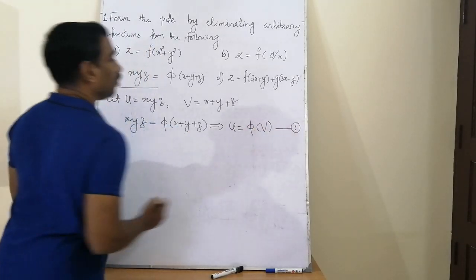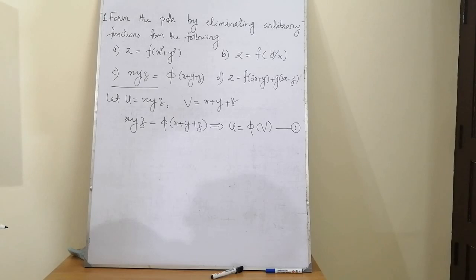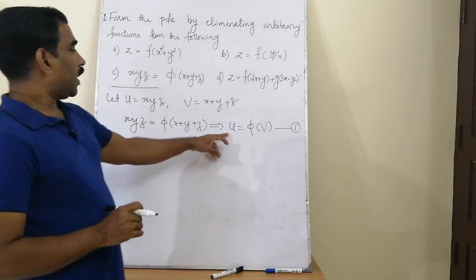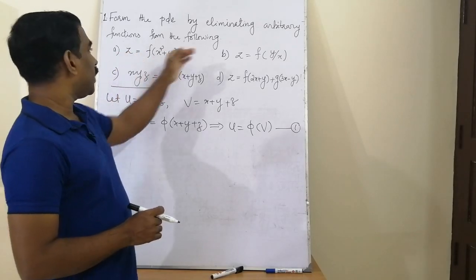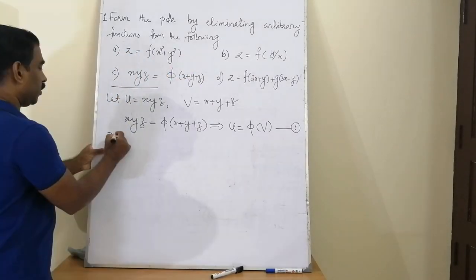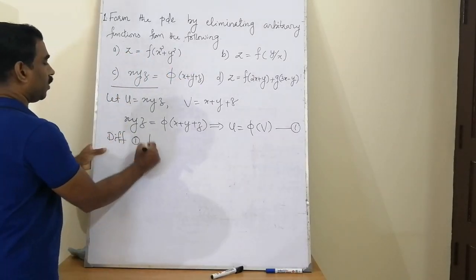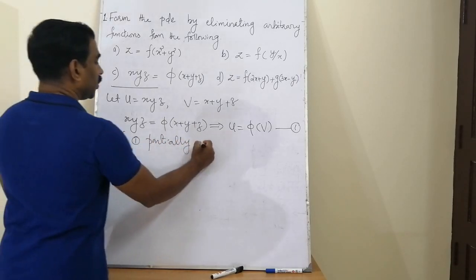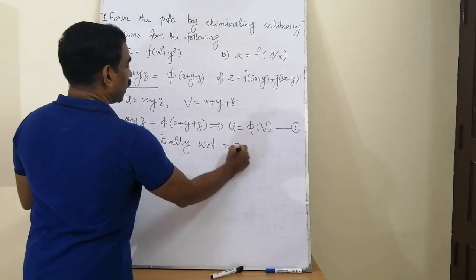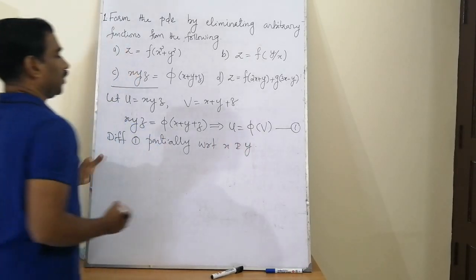We take this as equation number 1. So this u is equal to an arbitrary function of v is similar to the first expression a and the second expression b. Differentiating equation number 1 partially with respect to x and y.